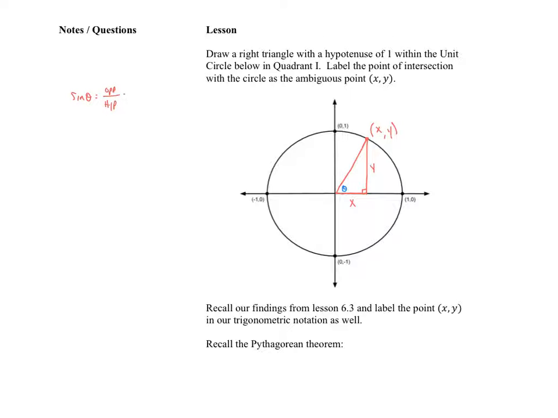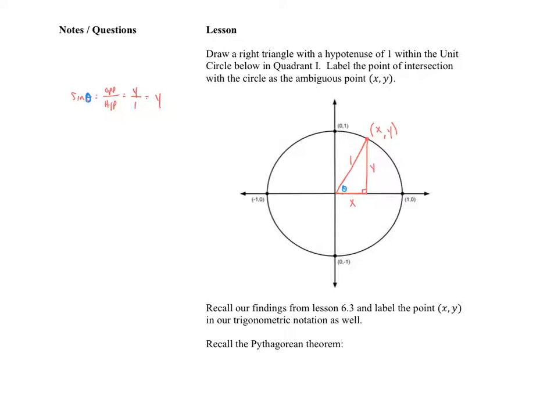And in this case, if I'm at theta, I'll use blue theta, my opposite side is this side, which we've dubbed y. And my hypotenuse is this side, which we know to be 1, because this hypotenuse is the same as the radius of the circle. So opposite over hypotenuse turns out to be y over 1, which is y.